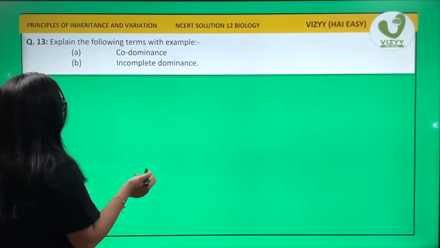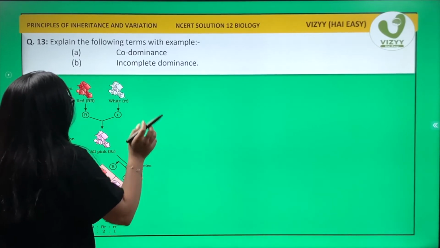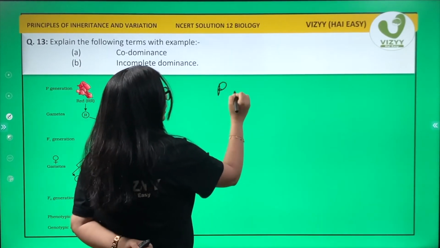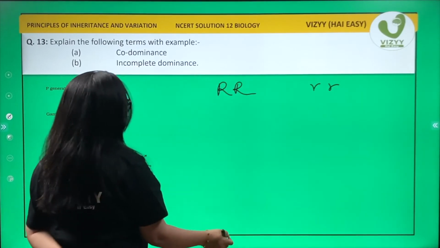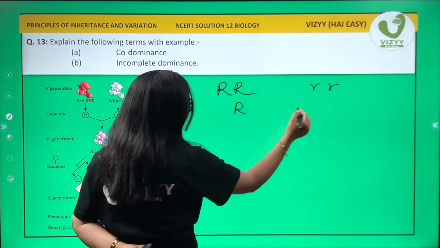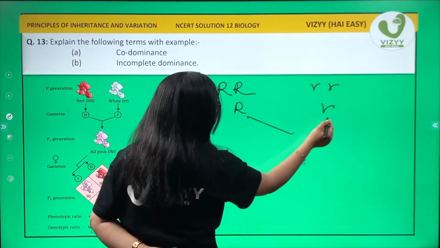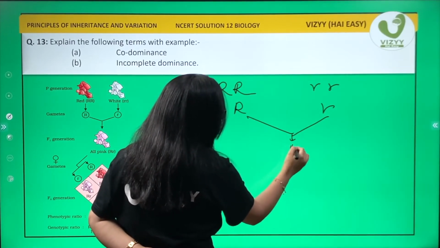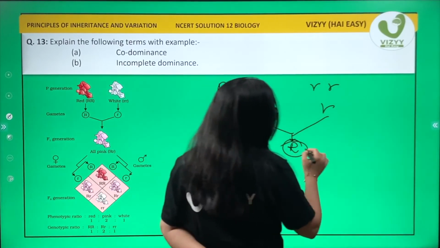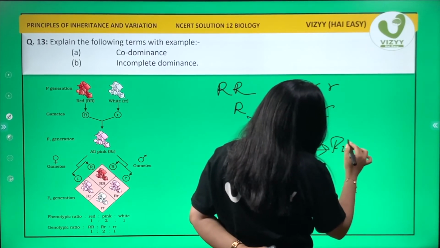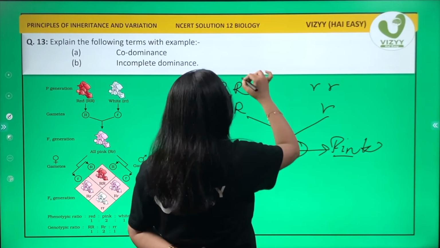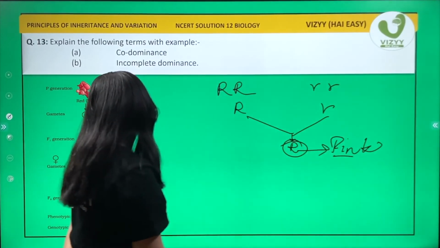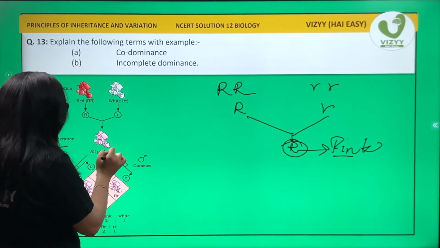Now, so there is red flower and there is white flower. So the gametes form is R, and it gives rise to what? This should have been red. But this was what, students? This is pink in color. When do we get pink? When we mix red and white. So this is your F1 generation.